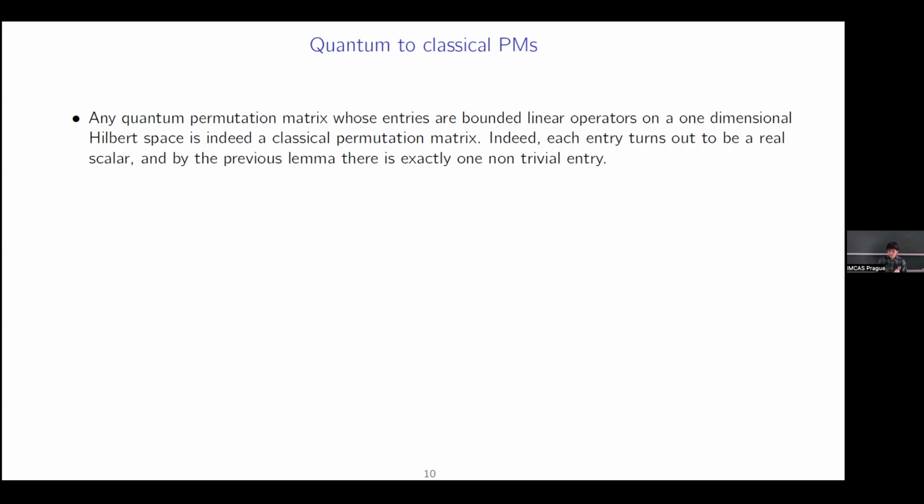This follows because essentially the entries of these matrices are real scalars. And by the orthogonality lemma that we just cited in the previous slide, we have only one non-trivial entry for each of the uij's inside the quantum permutation matrix. So we recover a classical one.